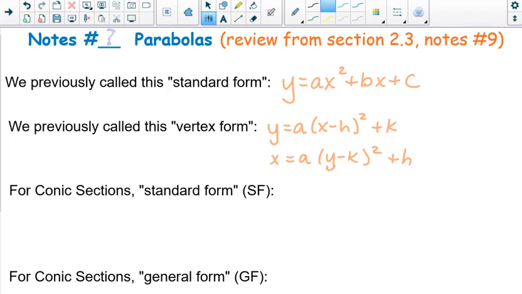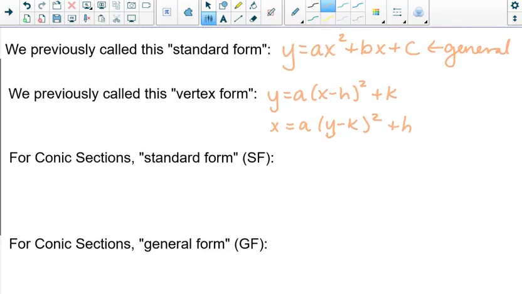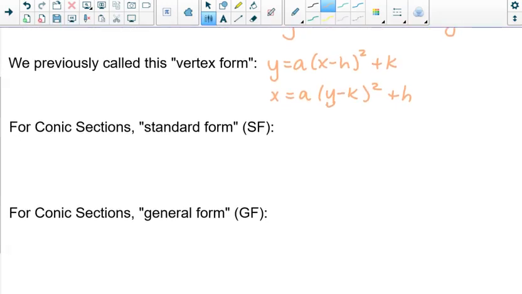So we used those names at the time, standard form and vertex form, or we might have even said general form for the first one. Now, when we talk about conic sections, we have vocabulary, standard form and general form, as you saw for circles. For conic section vocabulary, when we say standard form, we're going to be referring to what we used to call vertex form.